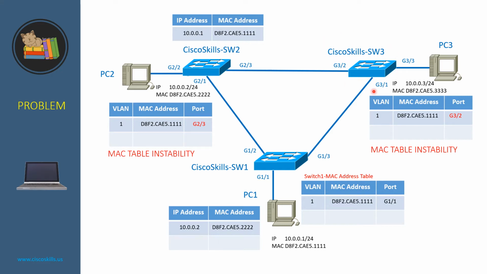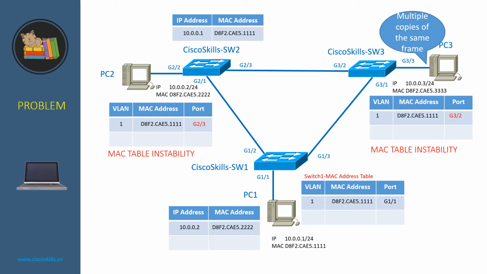Again, switch 3 has to process the broadcast frame sent from switch 2, and it will forward the broadcast frame to PC3, which causes PC3 to receive multiple copies of the same frame. In this case, PC3 just drops the frame.